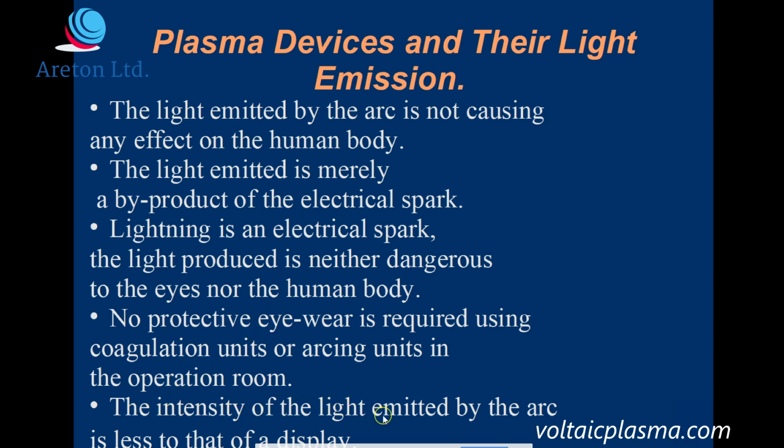Then the intensity of the light emitted by the arc is less than that of any normal displays that we have. Say for example, the display of a TV, the display of a computer, a mobile phone and so on. If you compare the amount of radiation that's been emitted by electrical arcing devices, you'll find there's a broadband radiation.